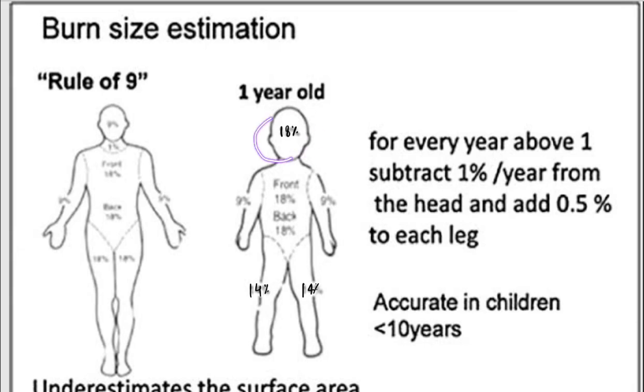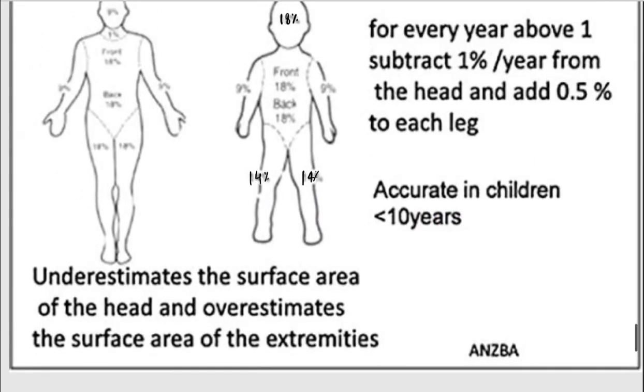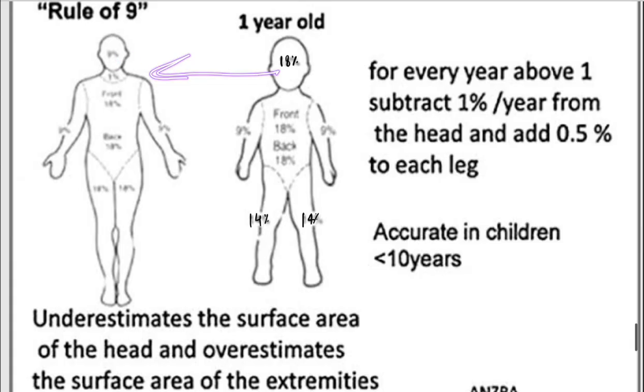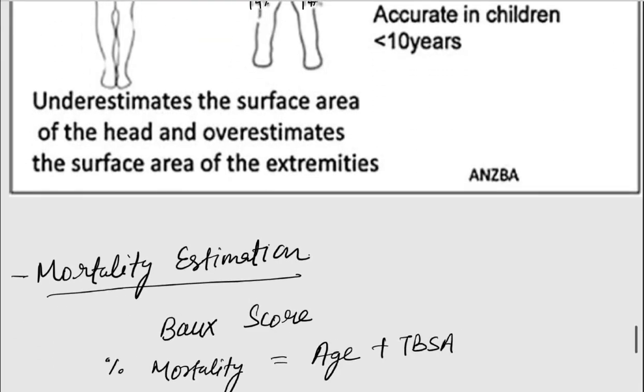Here the head portion has maximum 18% and the lower limbs have 14%, and for every 1 year increase we have to subtract 1% per year from the head and add 0.5 and 0.5 to each limb. So if the child is 2 years old, the head percent will fall to 17% and the lower limb percent will increase to 14.5 and 14.5%, and so on till it reaches 9% and the legs reach 18%.